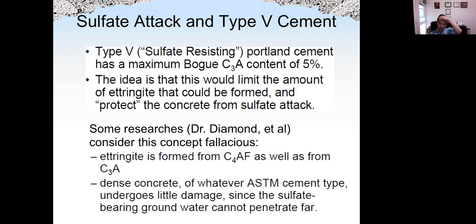And also, they think denser concrete, no matter the type of cement, will undergo very little damage, because the sulfate solution from groundwater cannot penetrate easily into dense concrete. So again, we think the most important thing is to reduce the permeability of concrete.